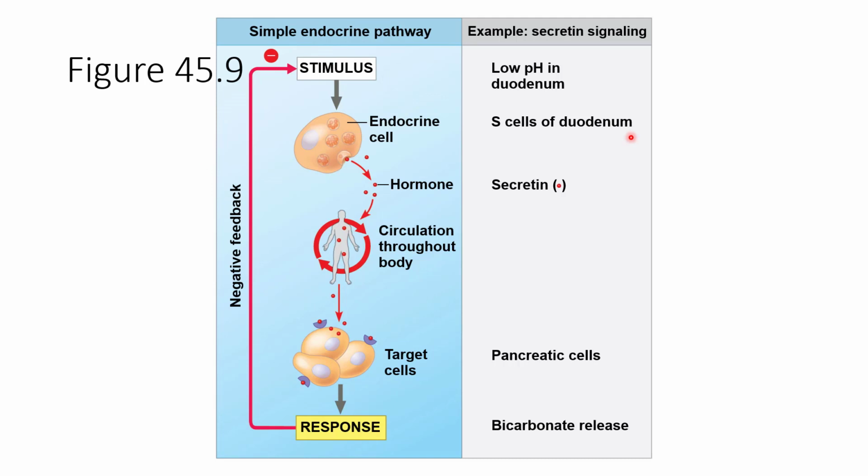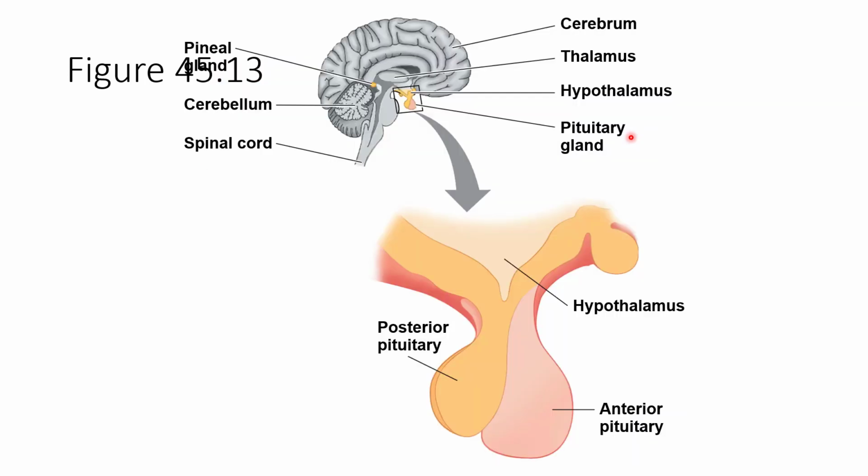Now, before I jump ahead, let's zoom in on the brain here. Here's the brain. Here's the hypothalamus down here. Here's the pituitary gland. So the pituitary gland has two lobes. The anterior pituitary, which is regulated by the hypothalamus, but it generates some of its own hormones, and the posterior pituitary, which is also regulated by the hypothalamus, but for the most part stores hormones made by the hypothalamus for release into the bloodstream.